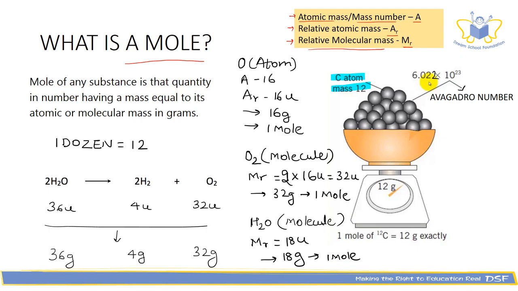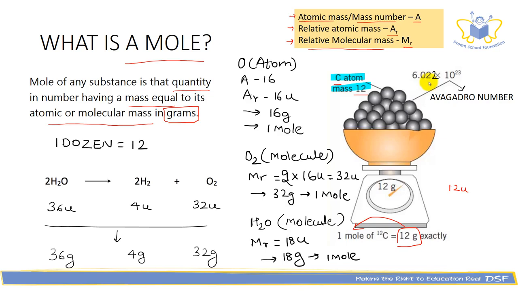A mole of any substance is that quantity in number having mass equal to its atomic or molecular mass in grams. So for example, carbon has an atomic mass of 12. That just means that its relative atomic mass is 12U. And if I take 12 grams of carbon, I'm going to get 1 mole.